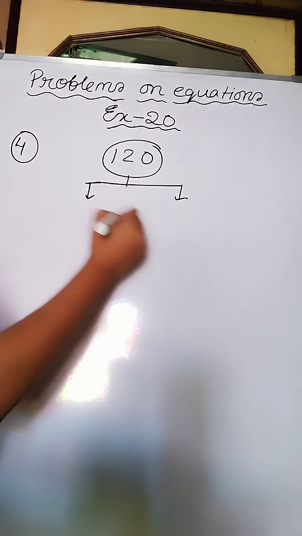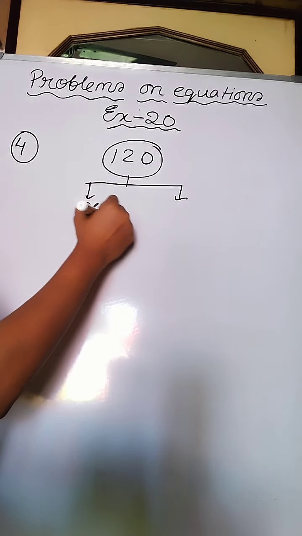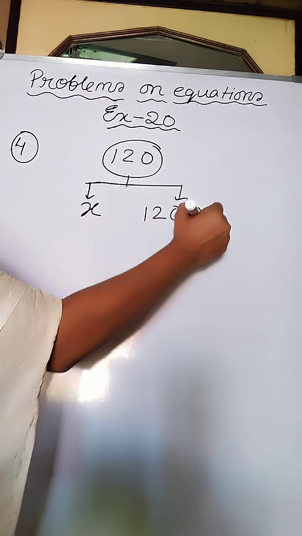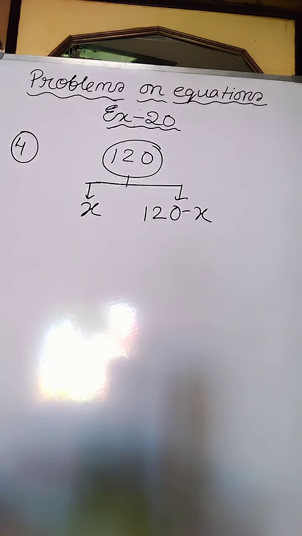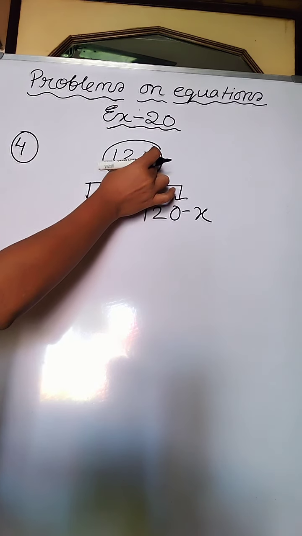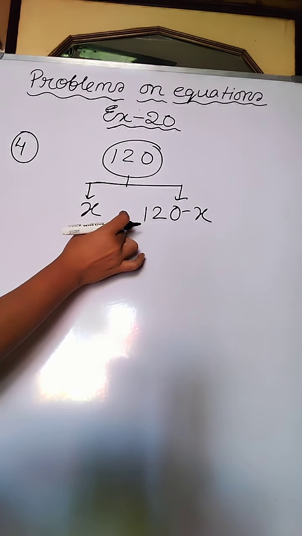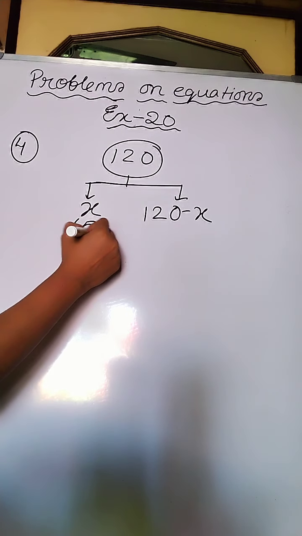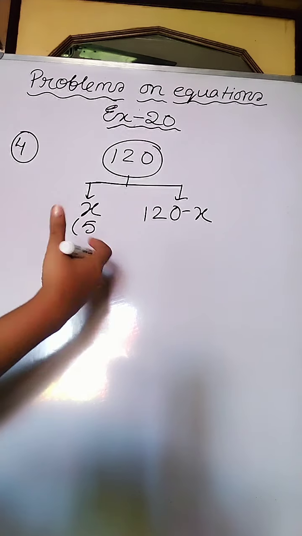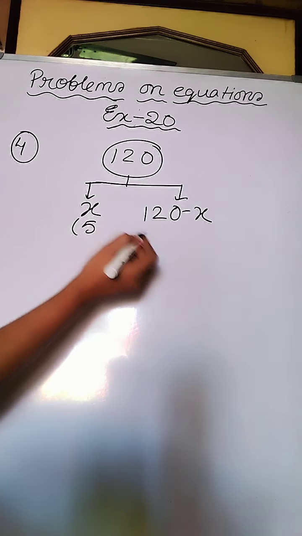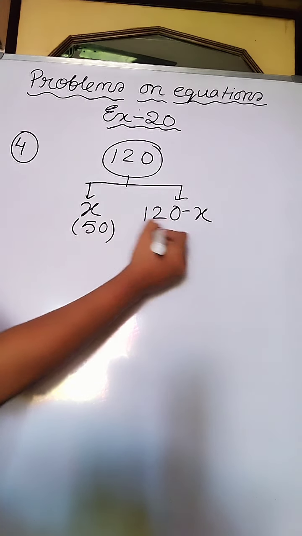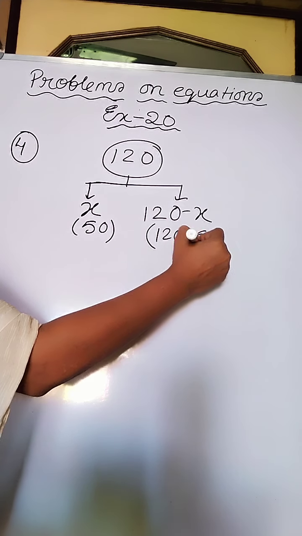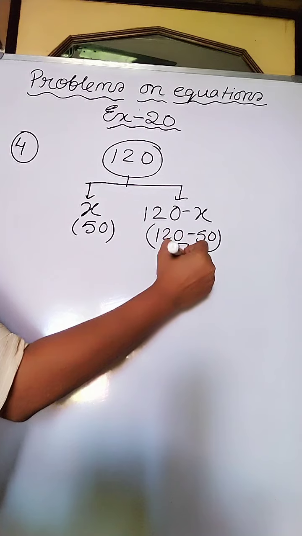So if I consider the first part as x, then the other part must be 120 minus x. Definitely, if one part is say 50, the other part will be 120 minus 50, that is 70.